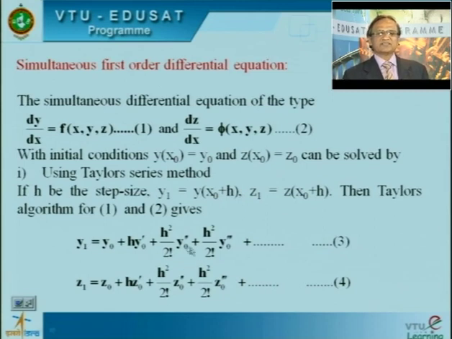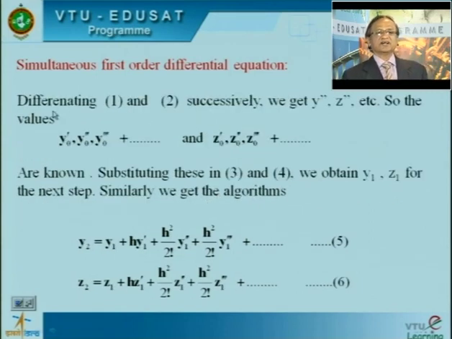I will differentiate, I will substitute, and then I will get the solution of the first order differential equation. As I have mentioned here, y naught single prime, y double prime, y triple prime, and similarly z single prime, z double prime, z triple prime and so on. We can find all the derivatives of both functions.